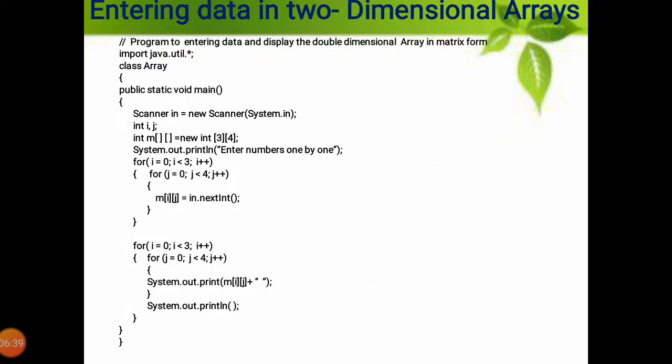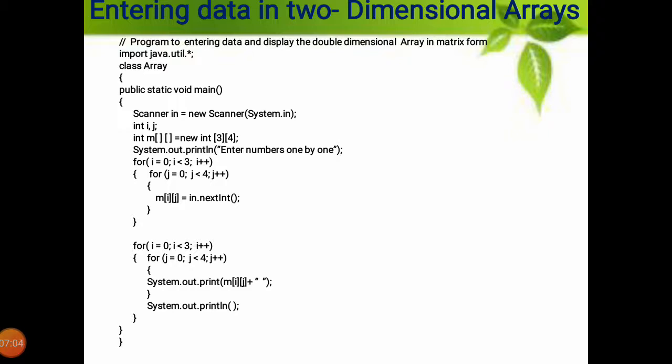Now, entering data in a two-dimensional array. To enter data in a double-dimensional array, we also use two for loops and change the row and column index each time. See this program. I have declared a double-dimensional array M of row size 3 and column size 4.